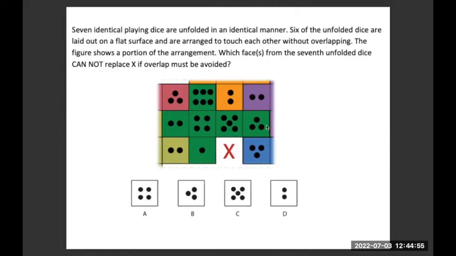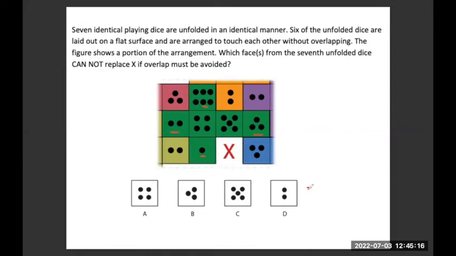Now, you cannot overlap any dice. There's no overlap which happens here. Means either 6, 3, 2, or 1 can come in these two surfaces.